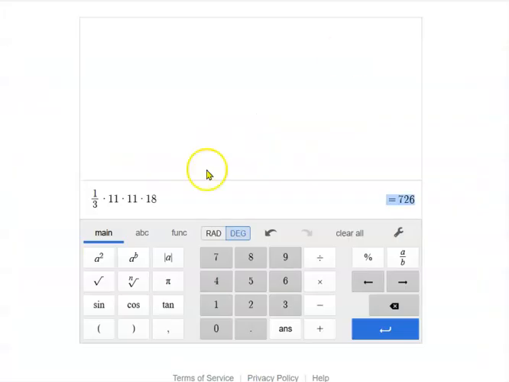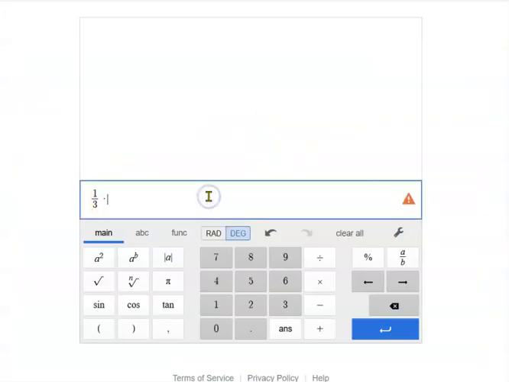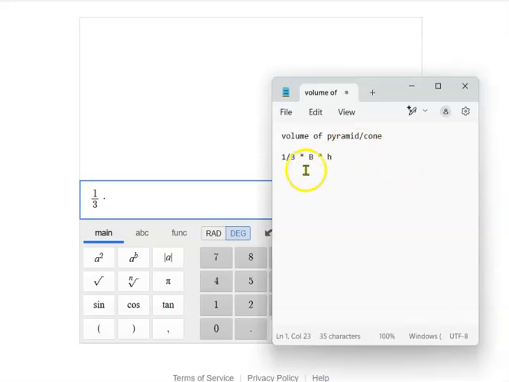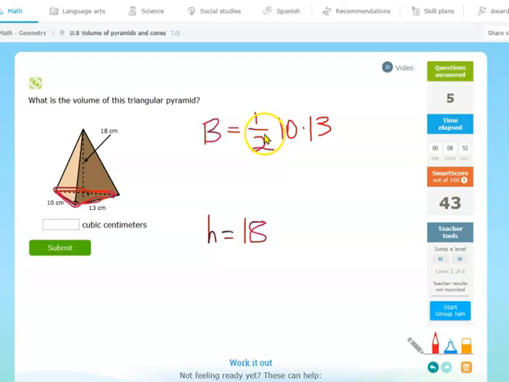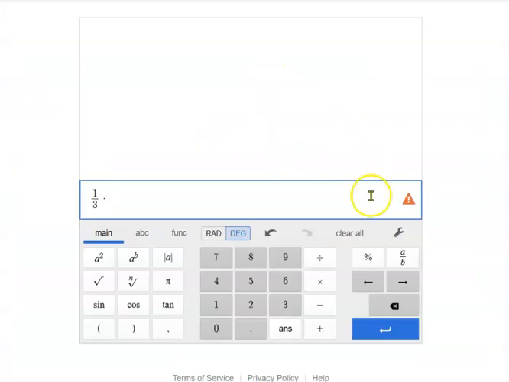Let's go pop that in. We still need the 1/3, okay, right? 1/3 times the area of the base. The area of the base also has a fraction, so we're going to have to be careful when putting this into the calculator. So it's 1/2 times 10 times 13.